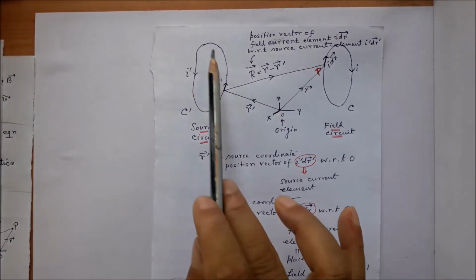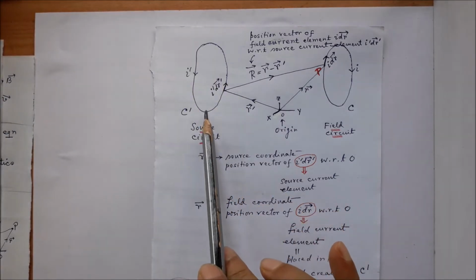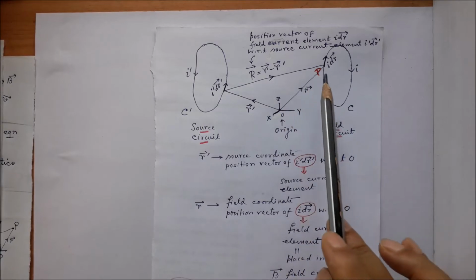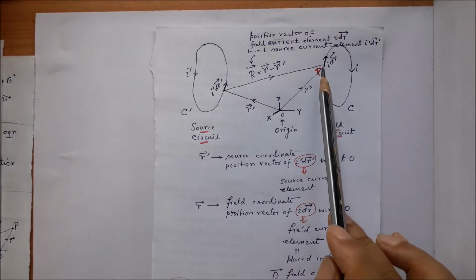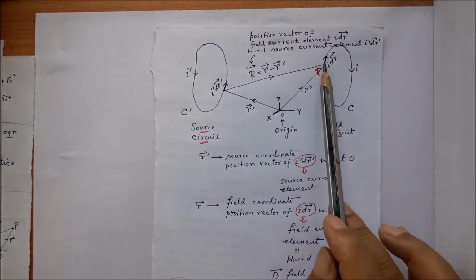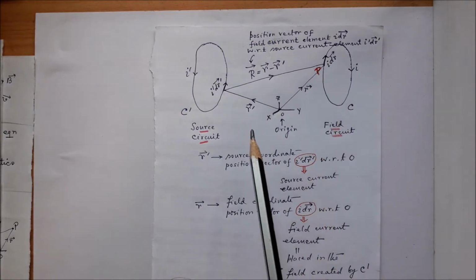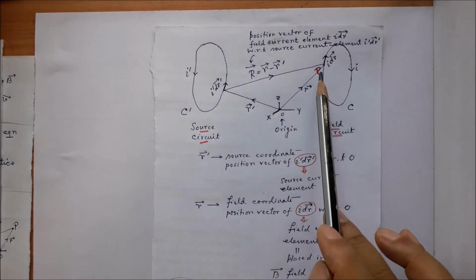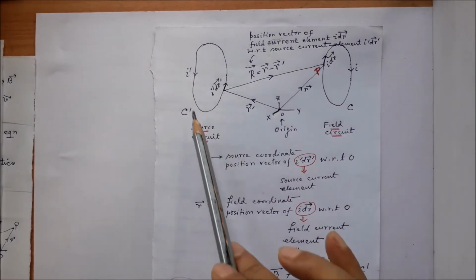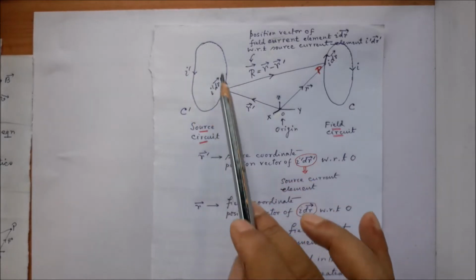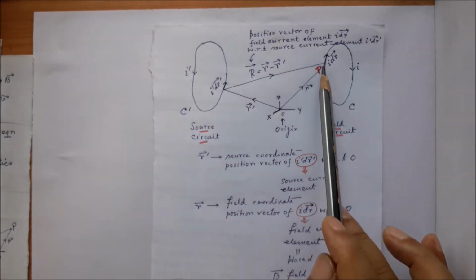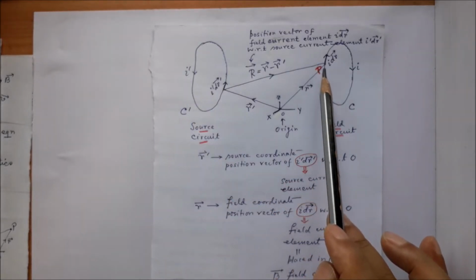This C prime, that is the source circuit, produces a magnetic induction at some point P where IDR, another current element, is located, and the expression of magnetic induction due to this source circuit C prime at this point P is given by Biot-Savart's law.